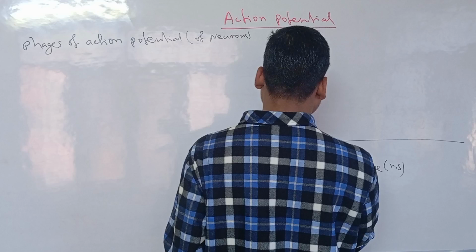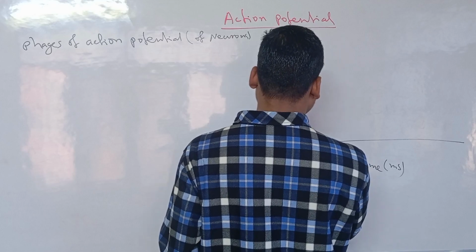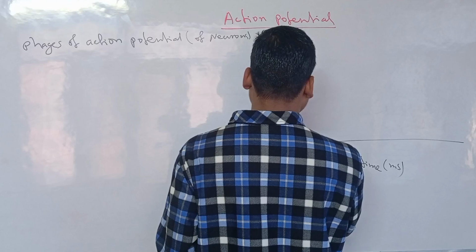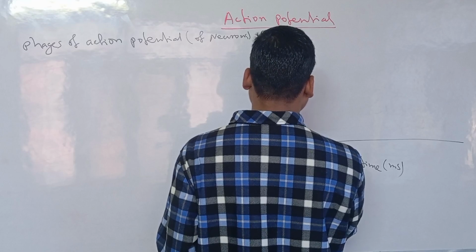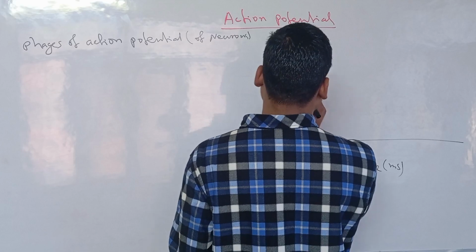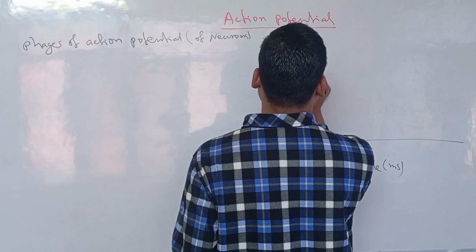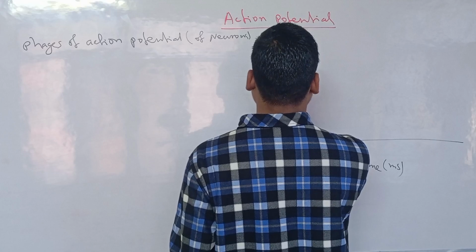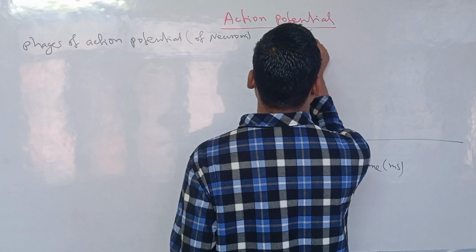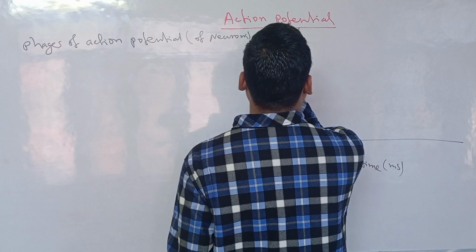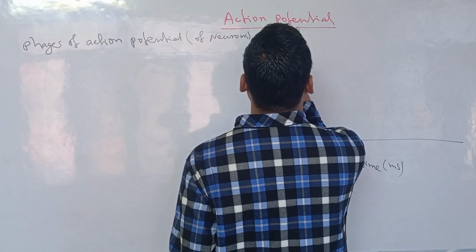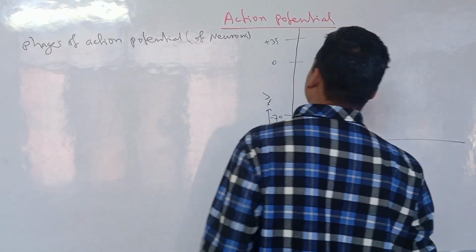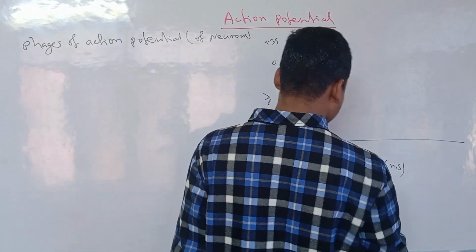Somewhere here let us suppose is minus 70 millivolt, somewhere here is 0 millivolt, and here is plus 30 or 35 millivolt.